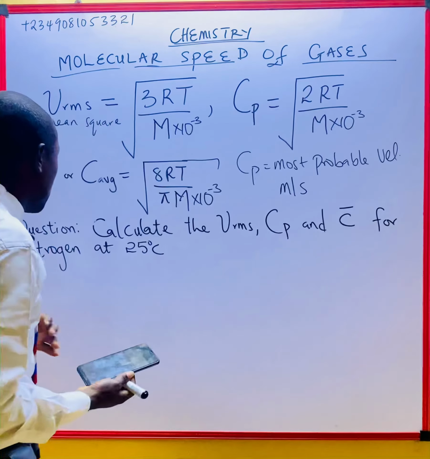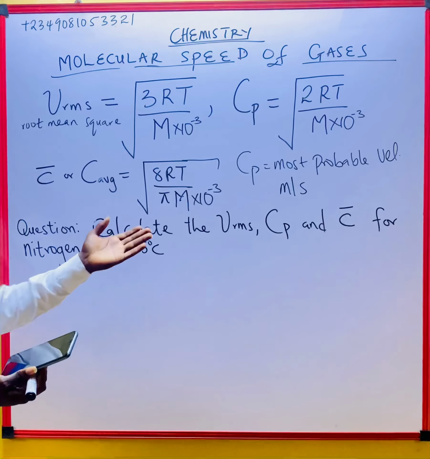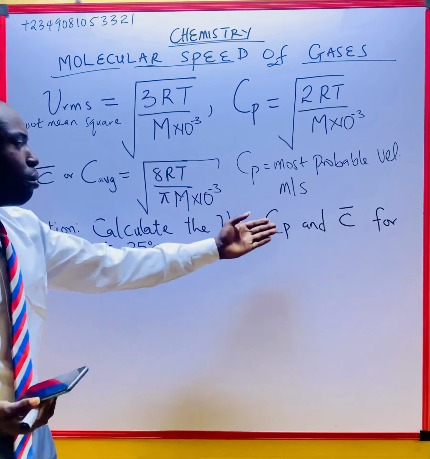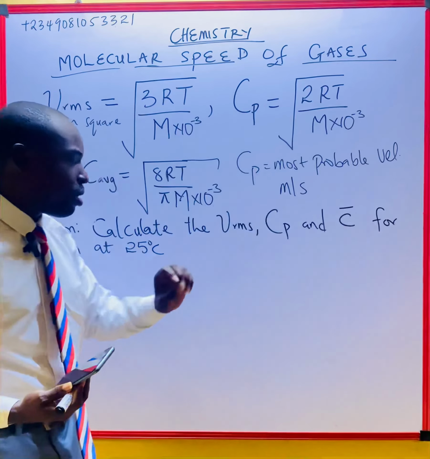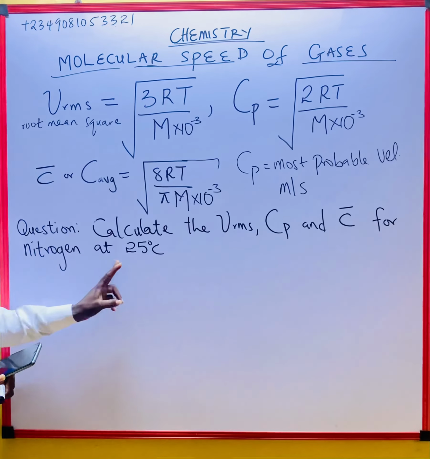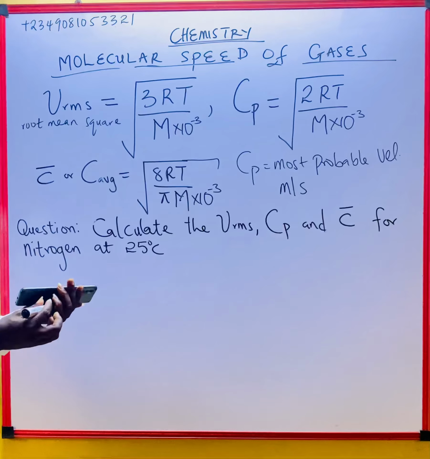So let us solve this question. The question says, calculate the root mean square velocity, the most probable velocity and the average velocity for nitrogen at 25 degrees Celsius. It's very easy.